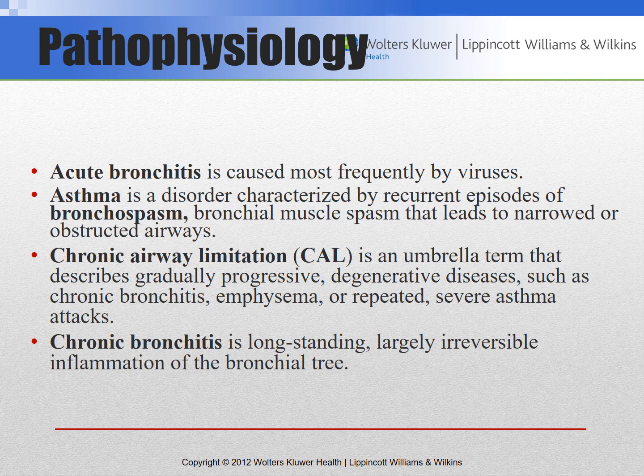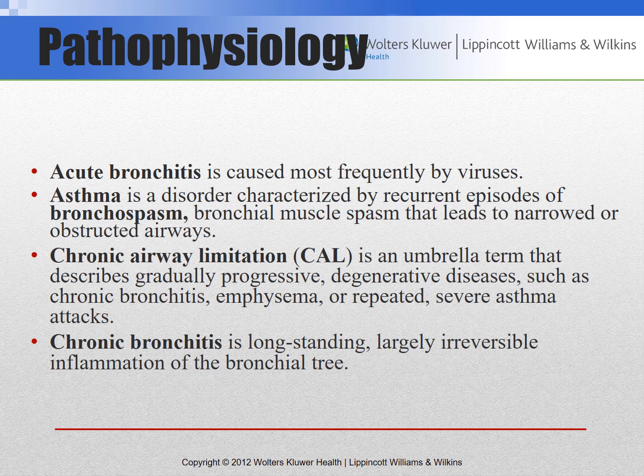Chronic airway limitation, or CAL, is the umbrella term that describes gradually progressive degenerative disease such as chronic bronchitis, emphysema, or repeated severe asthma attacks. We also term that COPD, chronic obstructive pulmonary disease.